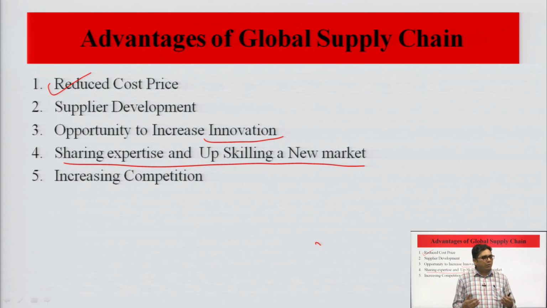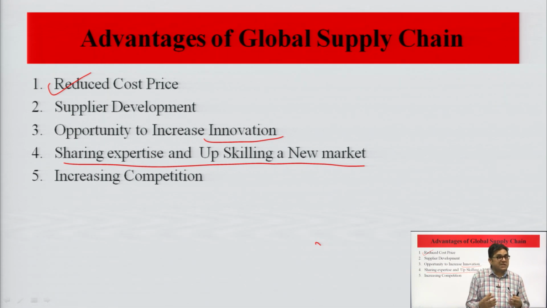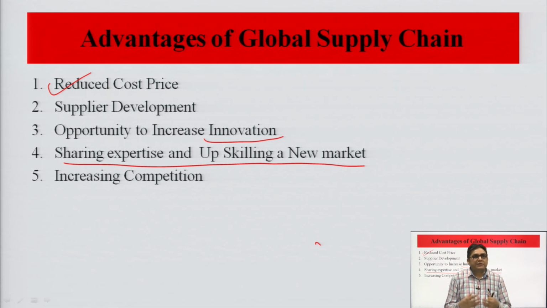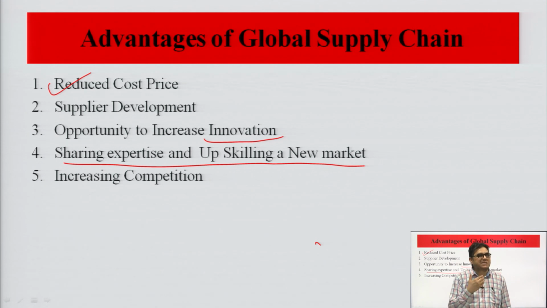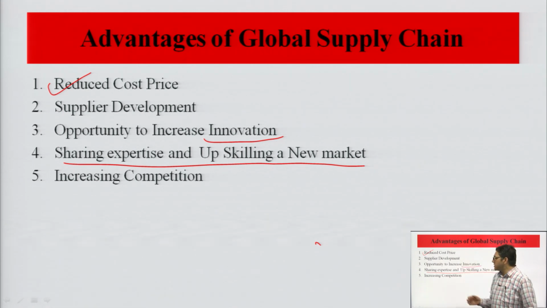Now, if you say Africa is a new market for most of the companies, either Indian or American or European, since it is a newer market, first they will try to know something about the trends in this market, how the people's culture is, how they like and dislike, what kind of shopping trends are over there. So, these have to be shared when the supply chain is globally connected.